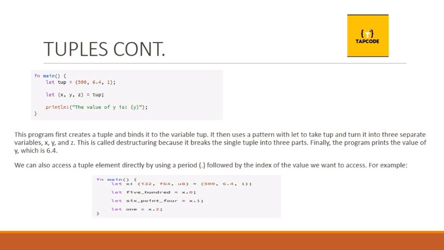Now when I say print the value of y is {y}, the program takes this y. If you look at the tup now, I said 500 for the first, 6.4 for the second, and 1 for the last one. So x represents 500, y represents 6.4, and z represents 1. So when you ask to print y, it's going to bring out 6.4 definitely. That's how you can access tuples and return results.